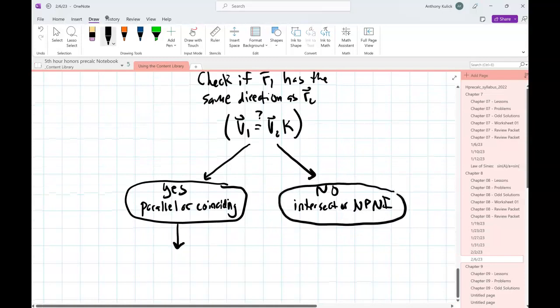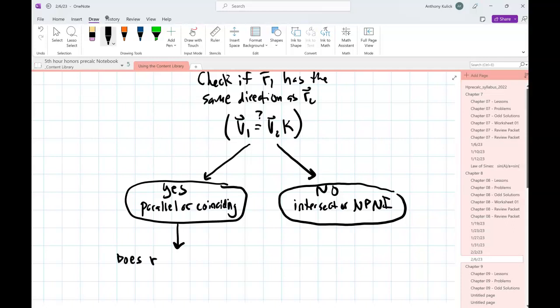All right. So to tell the difference between parallel and coinciding, we're going to check, does the vector R01 lie on R2?